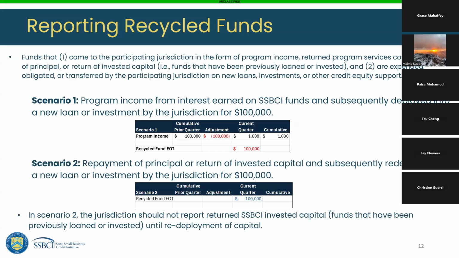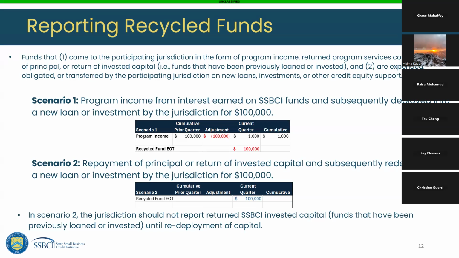In scenario two, the jurisdiction received a $100,000 repayment of principal and subsequently redeployed the $100,000 into a new loan in Q3. On the quarterly report, this jurisdiction will report the $100,000 under recycled funds EOT for the current quarter. Likewise, the same applies for return of invested capital that has been redeployed.